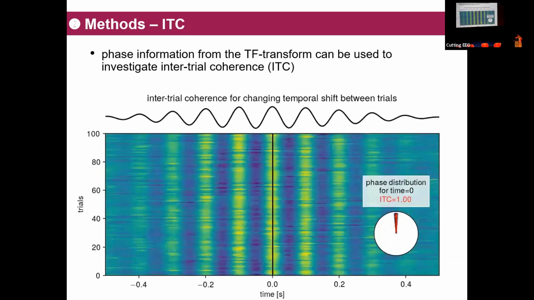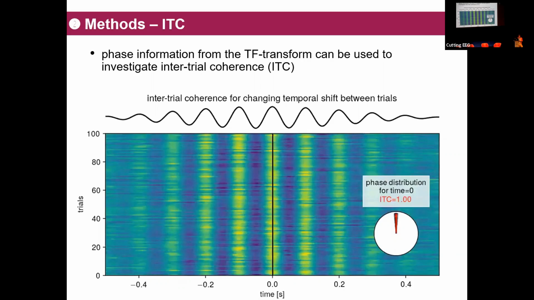Okay, so this is a little bit about the phase again. So all previous plots were related to power, extracting power or amplitude of the signal. You can also extract the phase. So what is plotted here is, just to illustrate the measure, a number of trials and the signal across time.